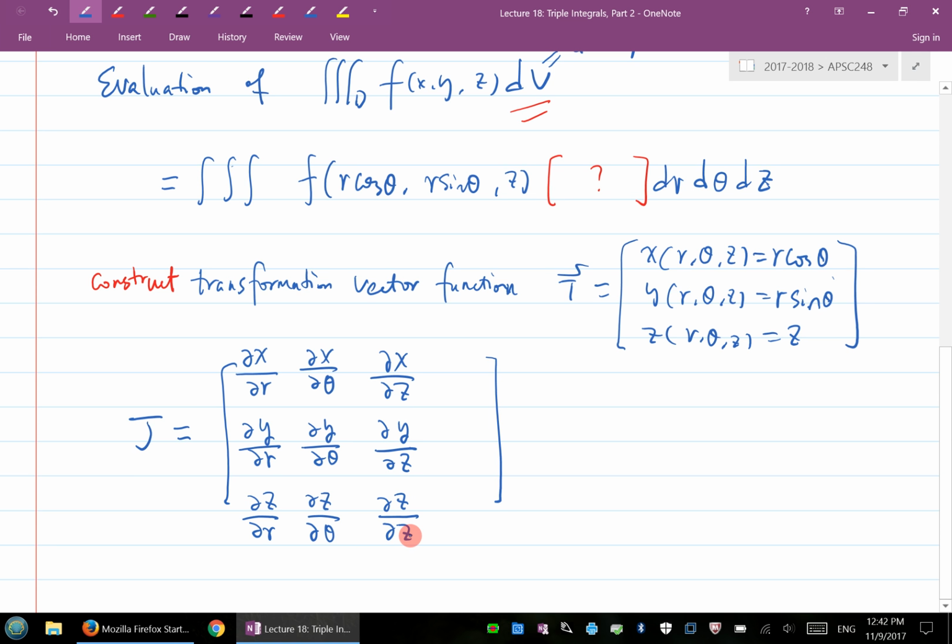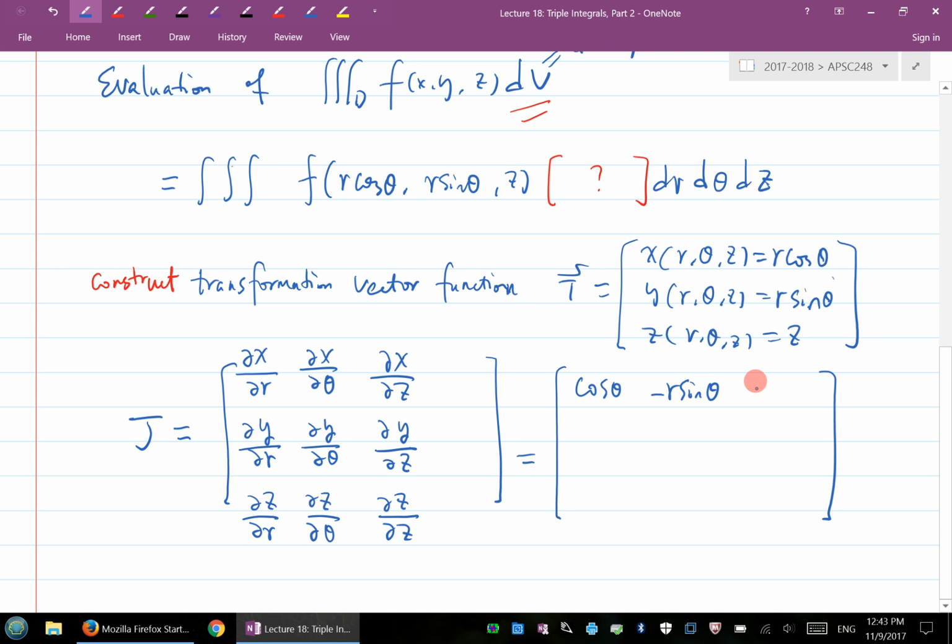Okay. So that's your Jacobian matrix. And we have our x, y, z functions, which is here, here, here. So plug it in. Let's say the first one here will be cosine theta, and then here will be negative r sine theta.